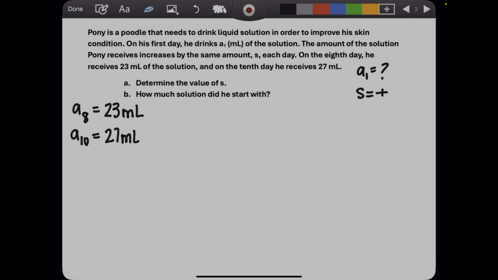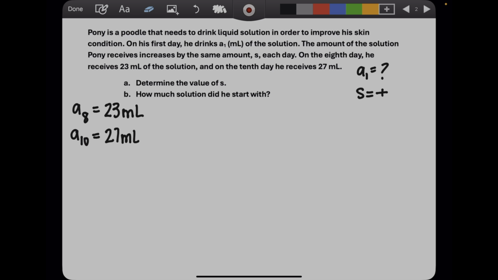We need two things to solve this problem: the common difference, which is represented by S in this problem, and a sub 1, which is the amount he started with. To solve for the common difference, we could do various equations and solve through that. Now, I find it easier to find the 9th term and see by how much they are increasing.